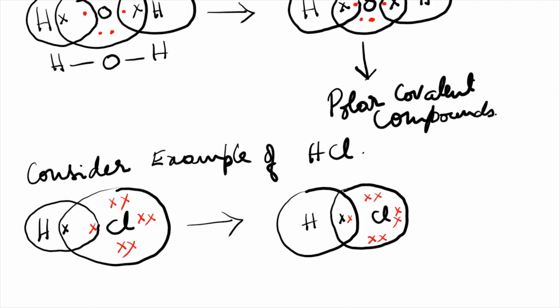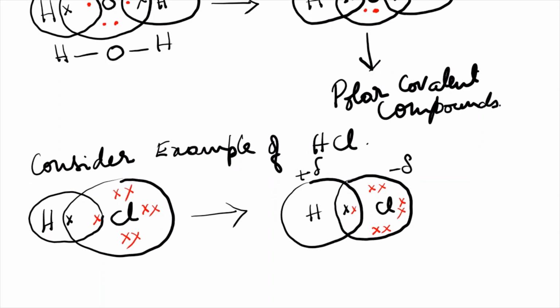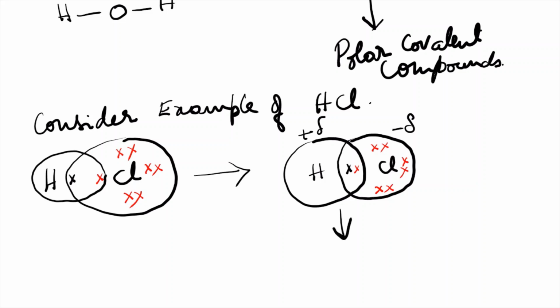The shared pair of electrons is pulled closer to the chlorine atom, thereby developing a partial negative charge on this side and a partial positive charge on the other. So this is another example of a polar covalent compound.